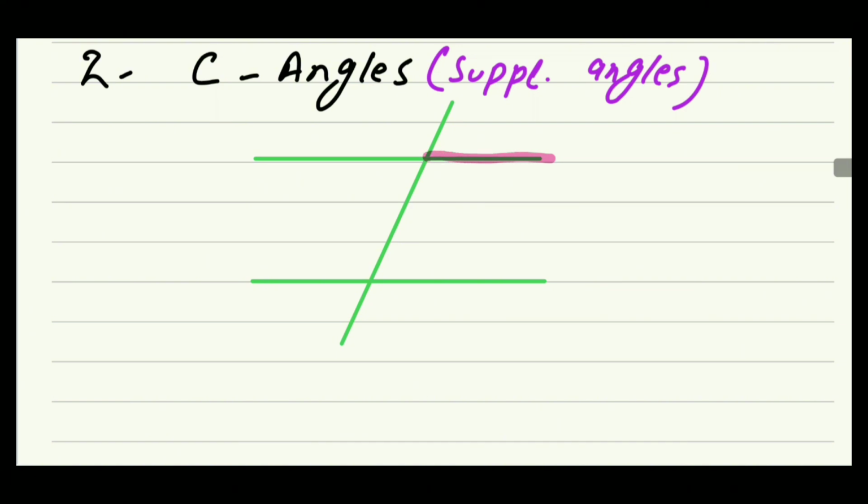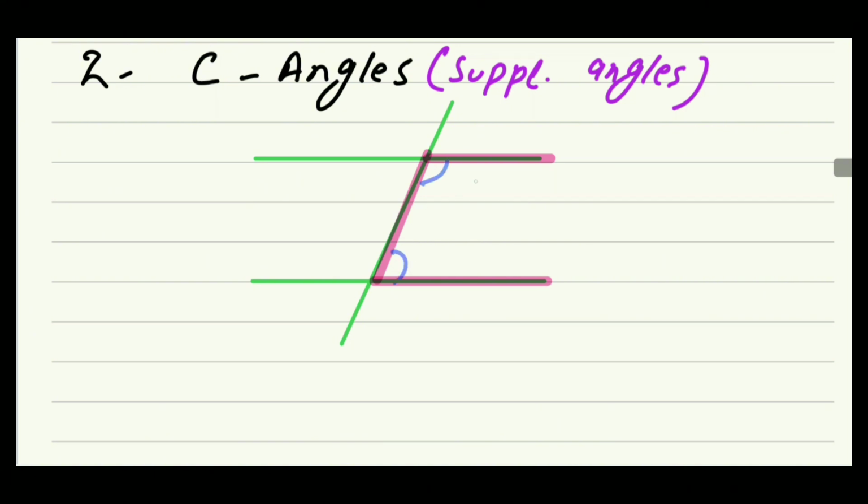This one is one C shape, and the angles between these shapes are this and this.